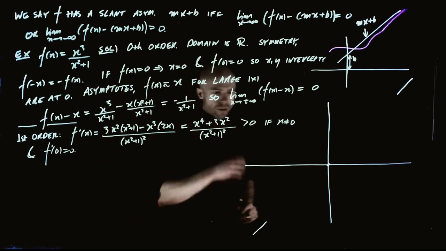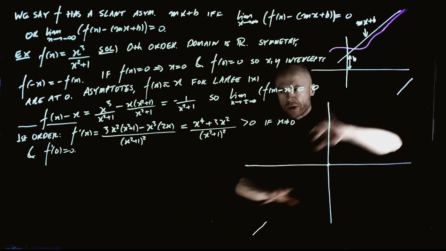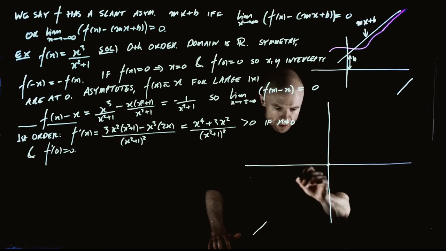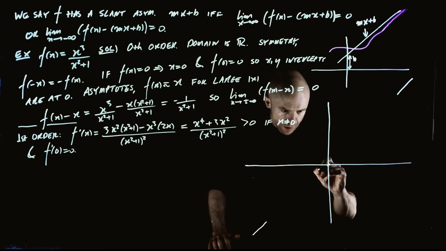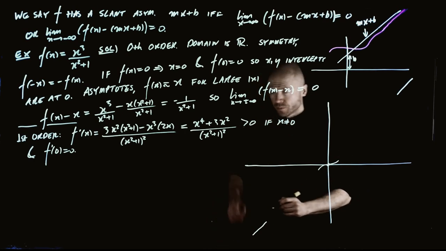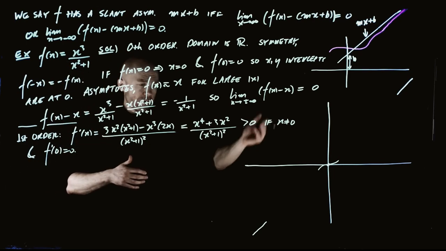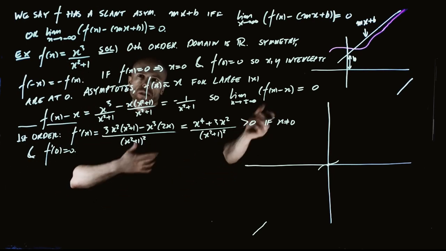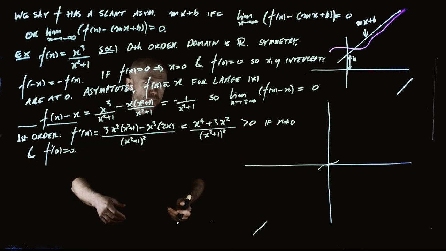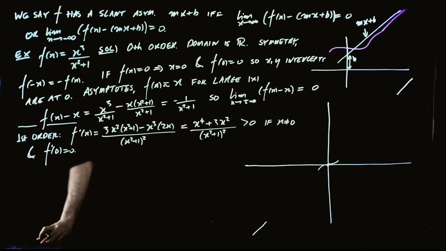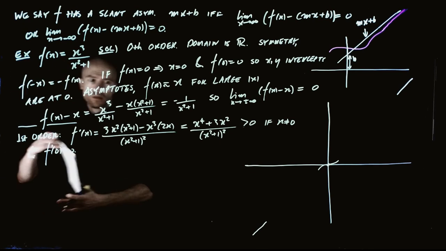So that is consistent because this thing is growing like this, right? So we can block in some information. So it's increasing, increasing, increasing, and then it sort of flattens out somehow, and then it does like this. Okay, so that's all we have. There are no local maxes and local mins because this thing is never changing sign. So that's the whole thing of it.